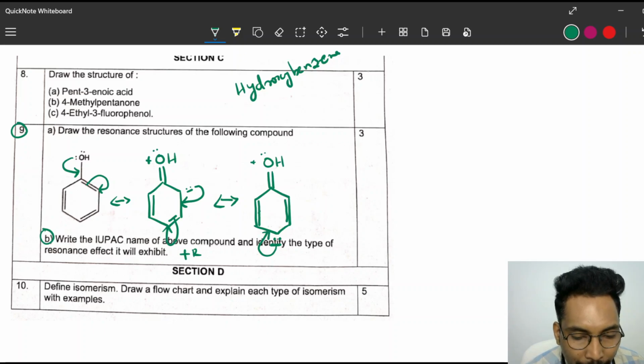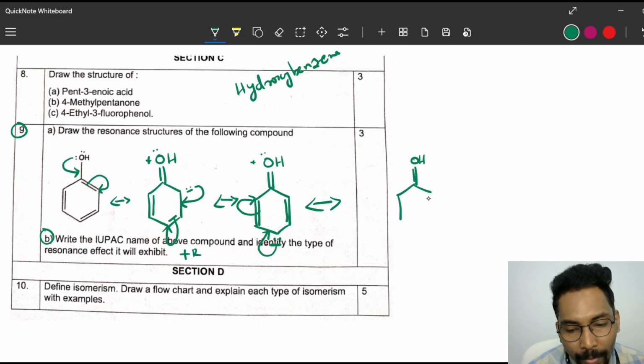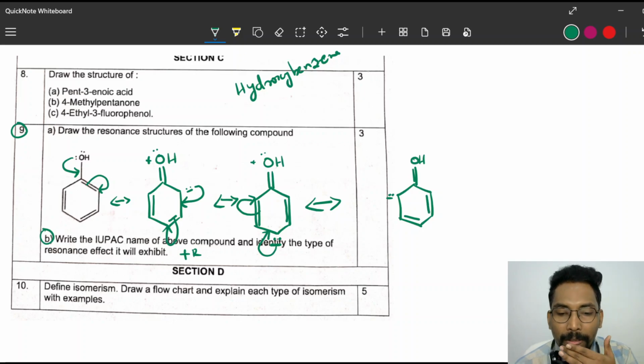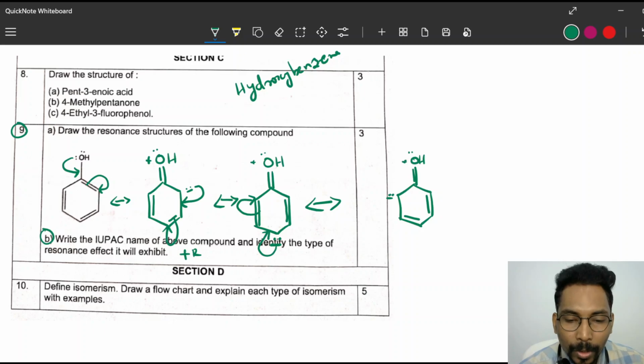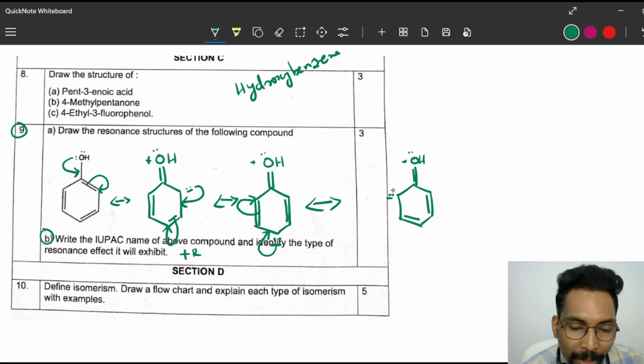So at the same time this will move to this carbon. Okay. So you can draw the next structure, that will be like OH double bond. Okay. So here the negative charge will come. So here one double bond and here one double bond. Clear? Okay. And next one, what happens next?